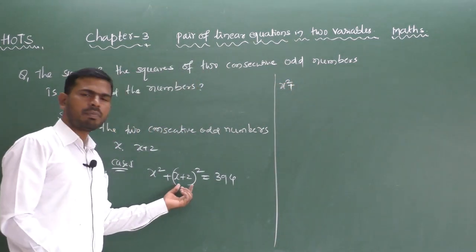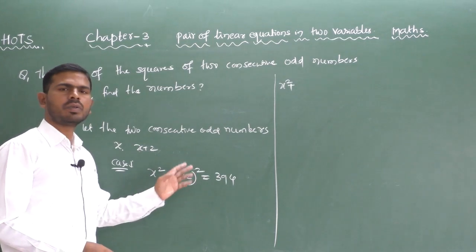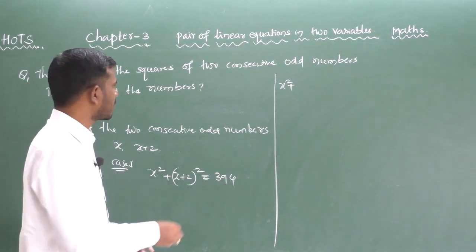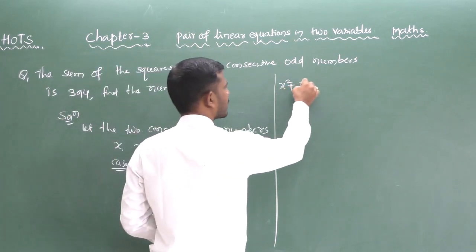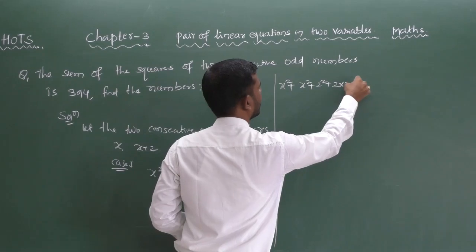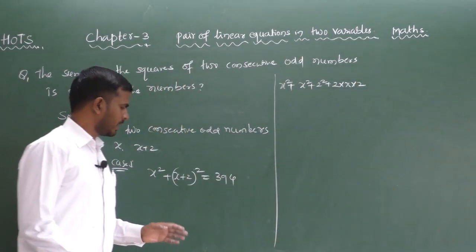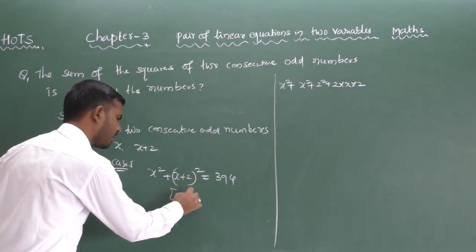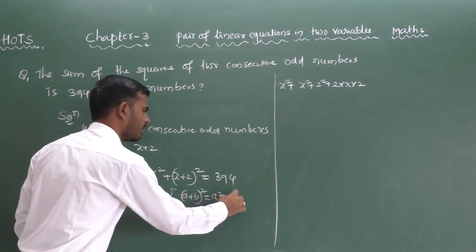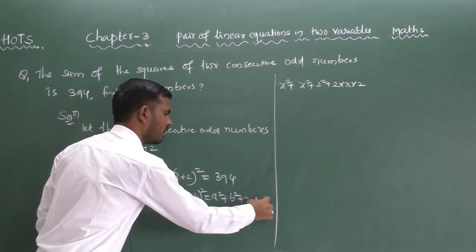Now x plus 2 whole square, you have to use here the formula a plus b whole square. The formula is a square plus b square plus 2 into a into b. A plus b whole square is equal to a square plus b square plus 2ab.